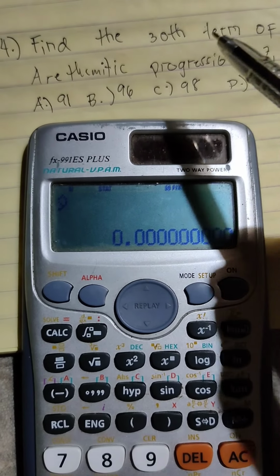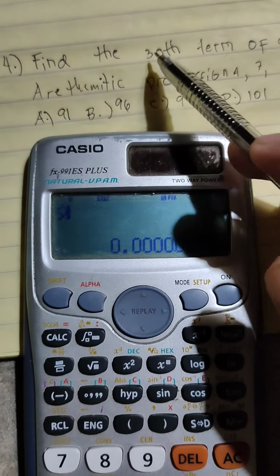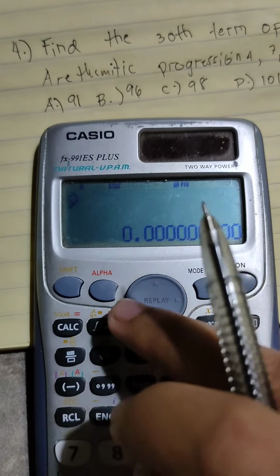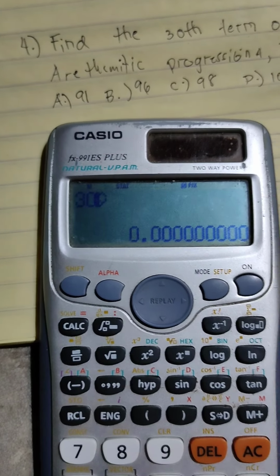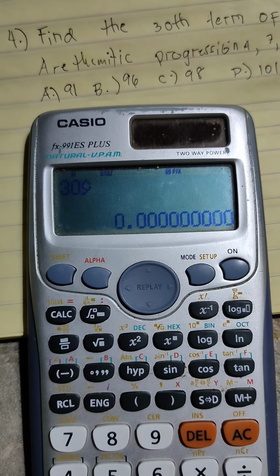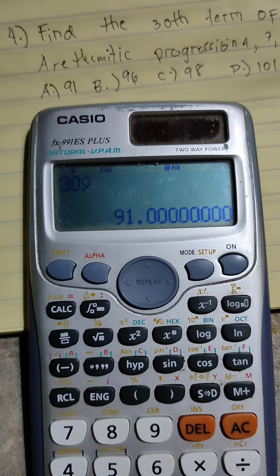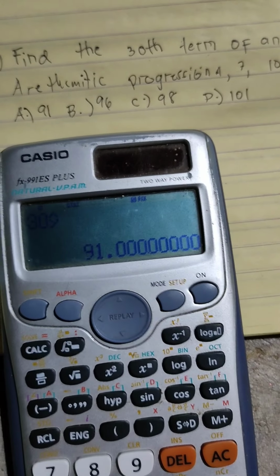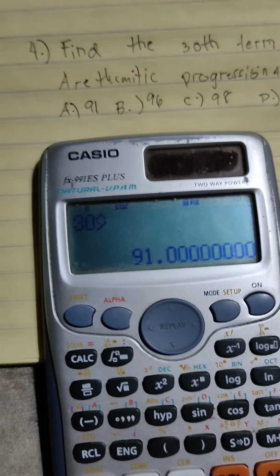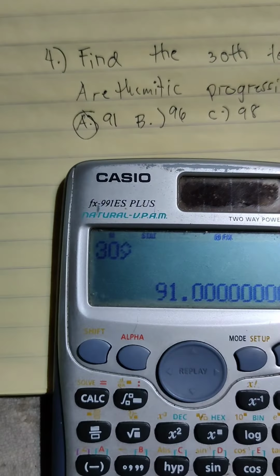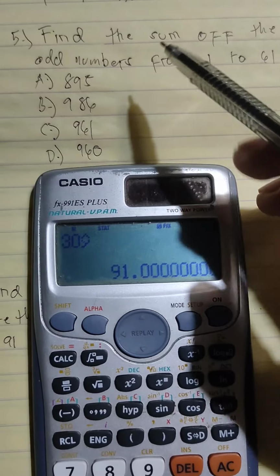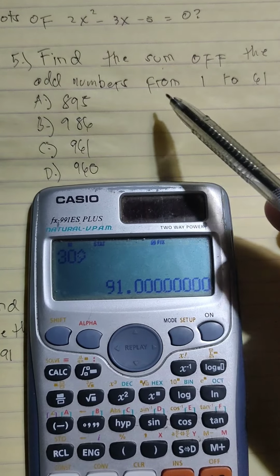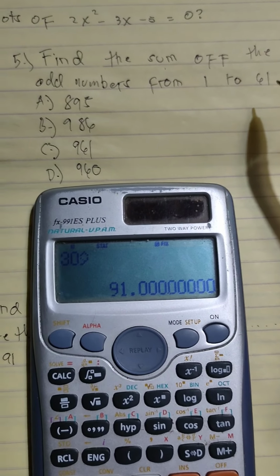Next, in the problem we are asked the 30th term, so we put 30 beside the alpha sign. So the 30th term of the arithmetic progression is 91. It is letter A.